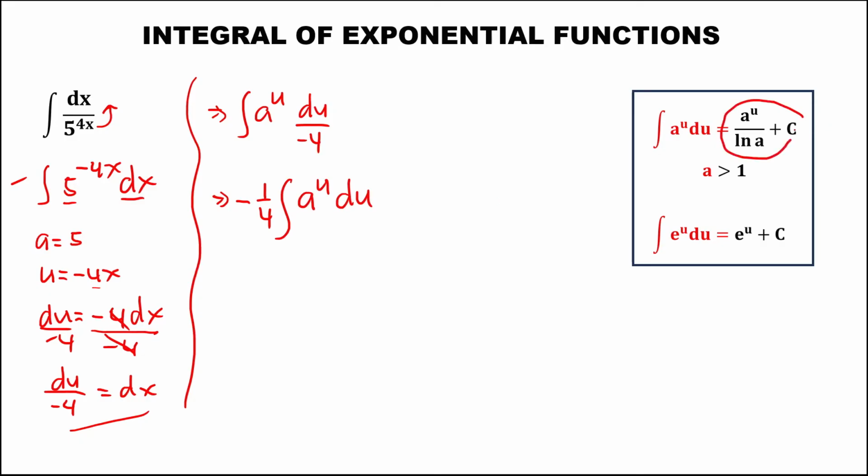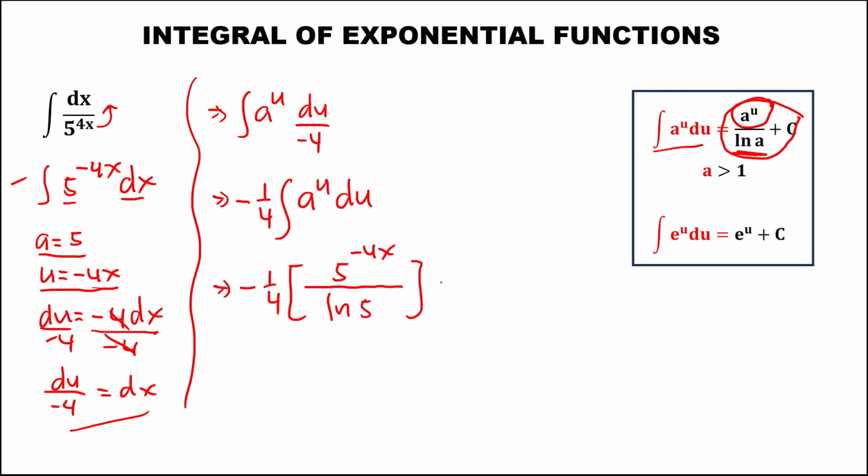We can use this formula. So this becomes negative 1/4 times a to the power u, where a is 5 and u is negative 4x, over ln 5, plus c.